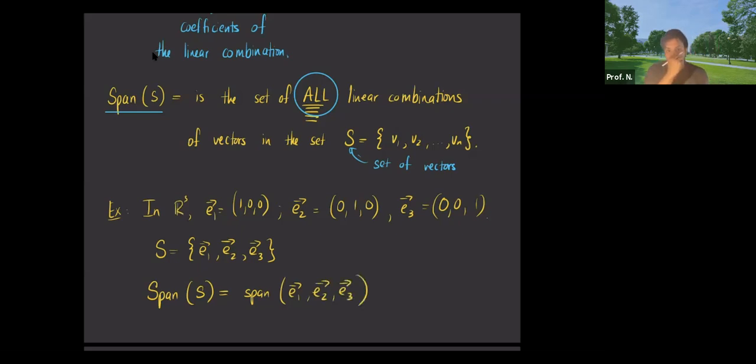Amir and Baldwin say, are there an infinite amount? Well, that's the idea. What is the span here? Take the set of all linear combinations C1 E1 plus C2 E2 plus C3 E3, such that C1, C2, C3 are real numbers or scalars.